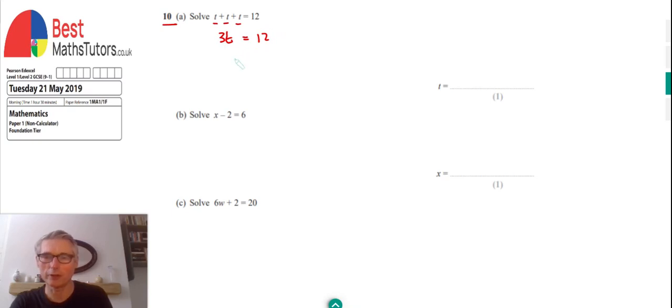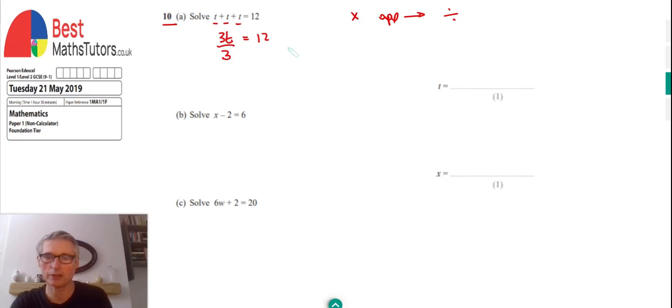So what we're going to do is the opposite to multiplying by 3 in order to get rid of this 3 that's by the t. And to do that, we can divide, because the opposite to times is to divide. So we divide by 3, and I can show that as a division sign.